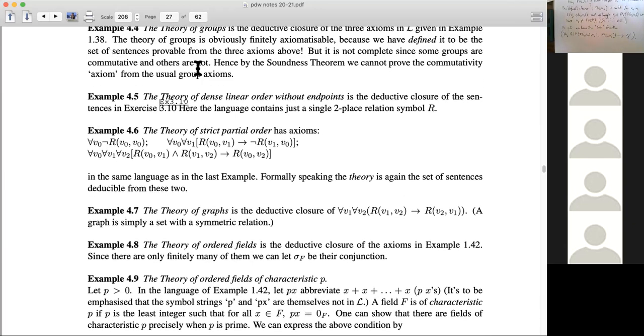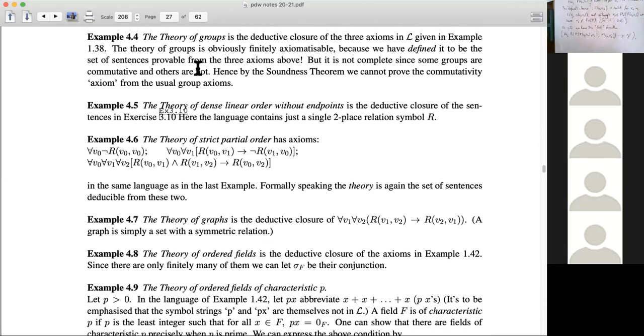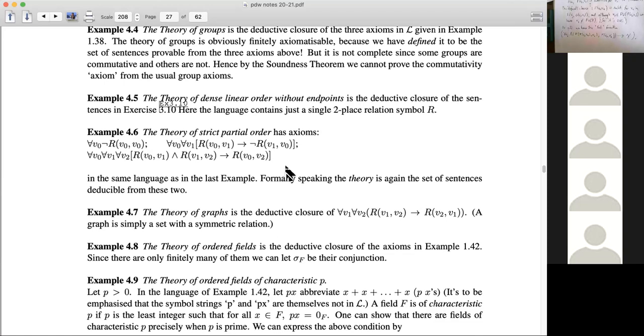So when you unpack what the exercise is, it says, do this again for some of these other theories. Think about some property of graphs which some have and others don't, and try to express that using the language of graphs. Once you understand what you need to do, it's not so hard. It's just understanding what it means to answer this question about completeness.